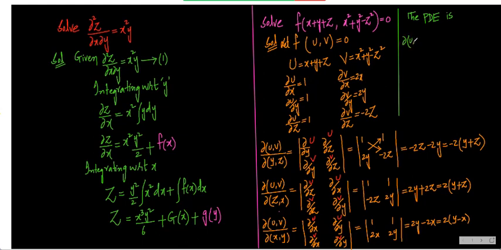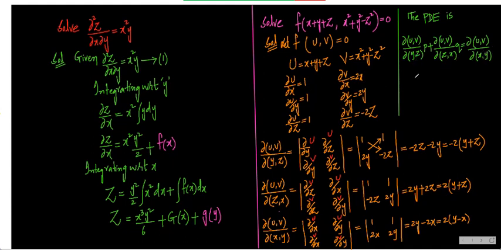∂(U,V) with respect to (Y,Z) of p plus ∂(U,V) with respect to (Z,X) into q is equal to ∂(U,V) with respect to (X,Y).